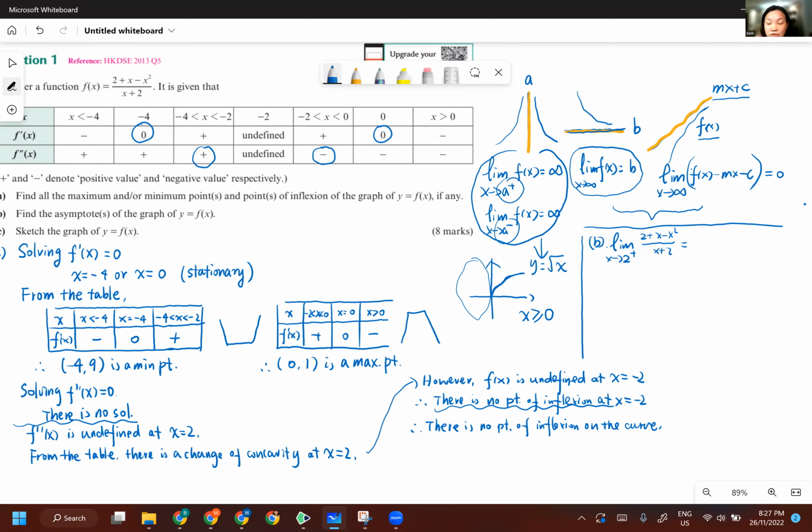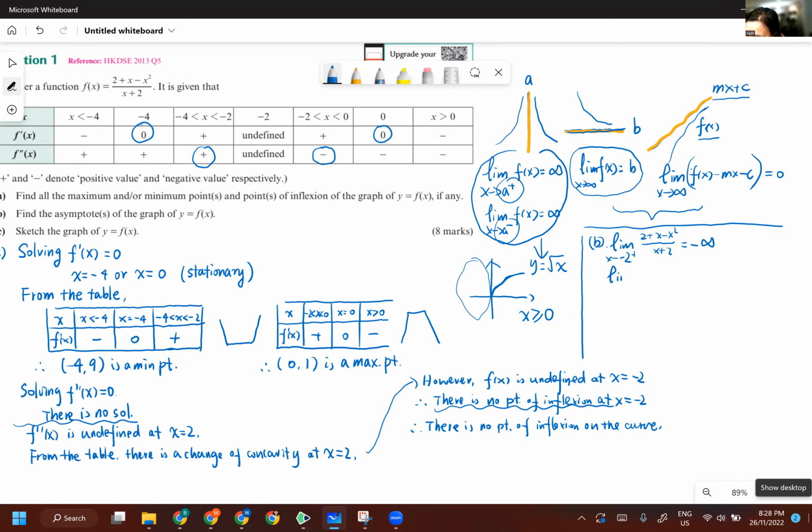Now this one I will use a calculator. I will put in negative 2 positive, so I will put in negative 1.9, 1.9 squared divided by... it's negative infinity.